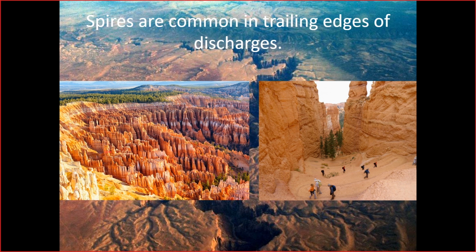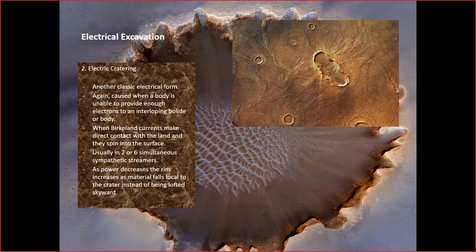And you can see it in many different places here. This is the scalloping you might see on, for example, Valles Marineris on Mars. Nice scalloped edges. Lichtenberg figures everywhere. But you can see this is eaten away, just totally, but not to the same length. This is basically along the end of the Grand Canyon. This is called Bryce Canyon. You can see incomplete electrical excavations of craters as well.